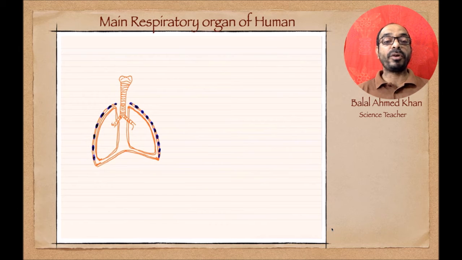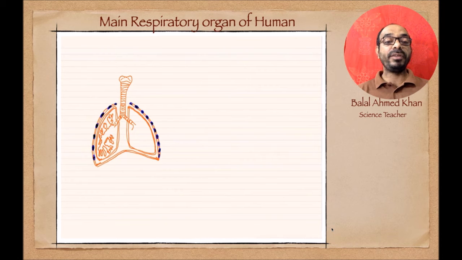The branch of bronchus is bronchioles, and the tube-like or balloon-like structure inside the lungs is alveolus, and the plural form of alveolus is alveoli.